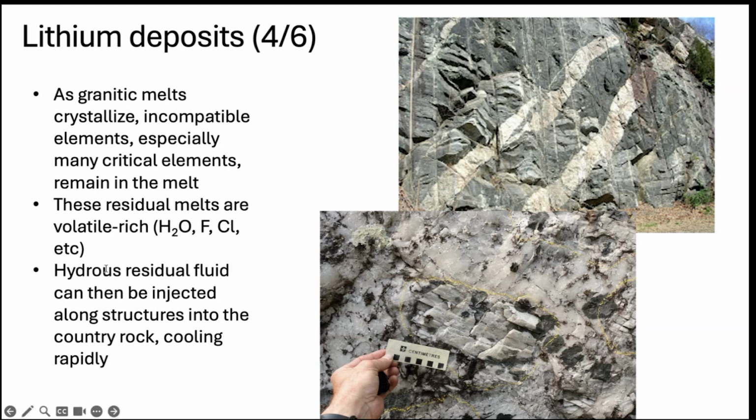And then these hydrous residual liquids get injected up fractures into the country rock, and they cool. So pegmatites go against the rule that big crystals mean slow cooling. Pegmatites cool quite rapidly, yet make very big crystals because they're so fluid and they have relatively few sites of nucleation.